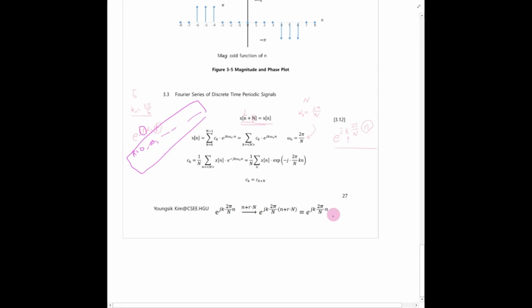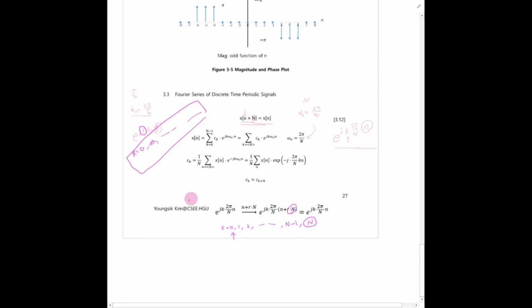But what about here? K can take 0, 1, 2, all the way up to N minus 1. And what about the next value? It's the same as this one. That's what this part says.